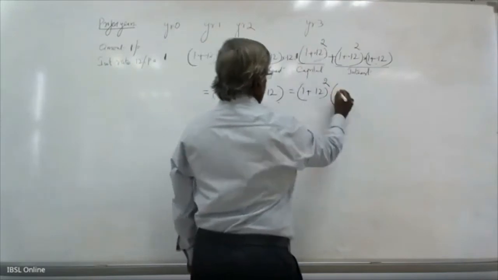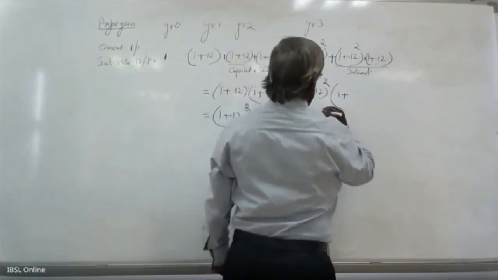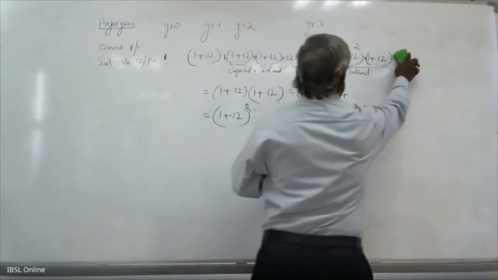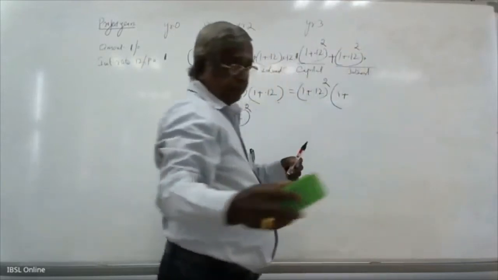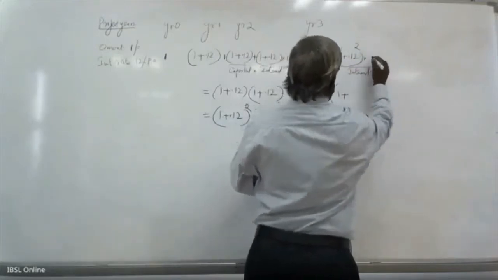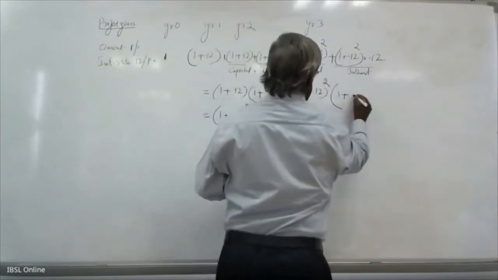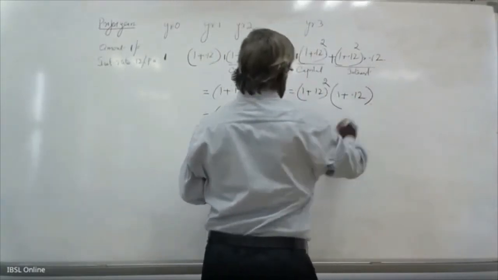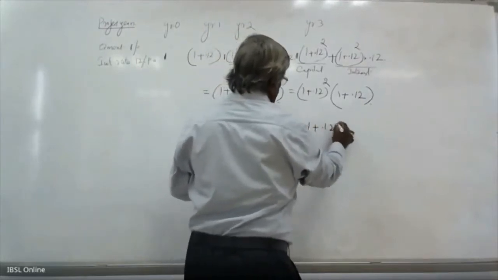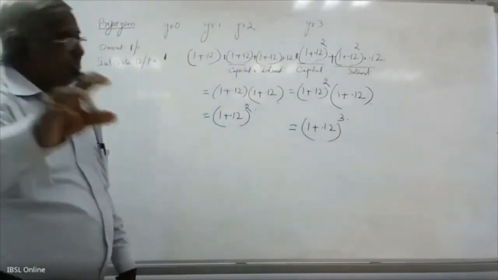So it's 1 plus the interest portion, 0.12. So when you simplify this, 1 plus 0.12 to the power 3. Once again, I will repeat this.